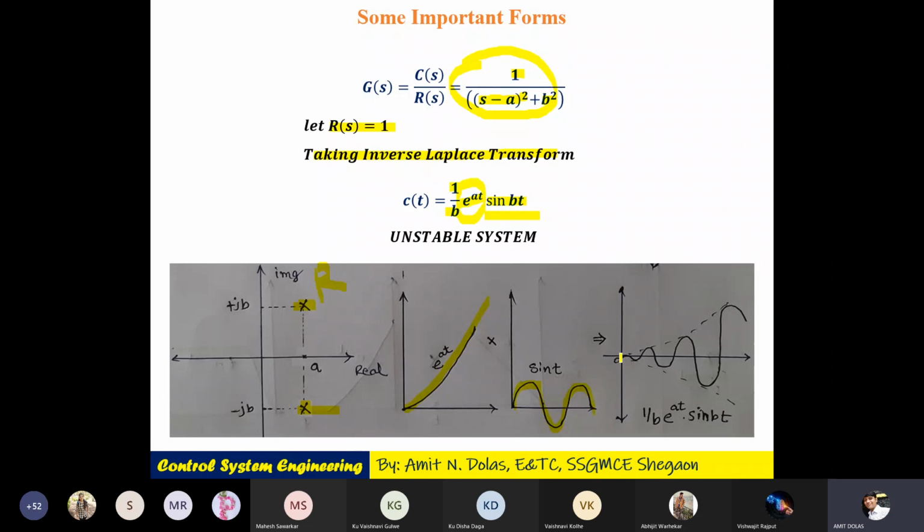The product will start at 0, start oscillating, increasing the amplitude, and it will increase towards infinity. So what about the output? Output is unbounded. I will write UB here. The area is also not absolutely integrable. So with unbounded output, you can directly say it is an unstable system.